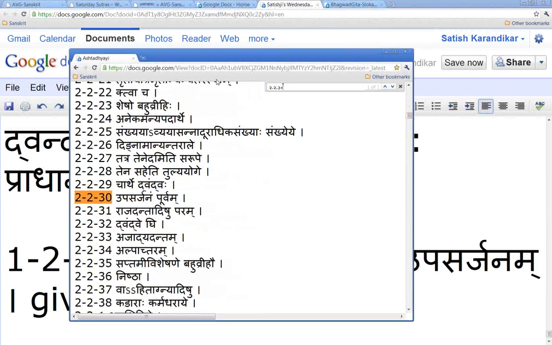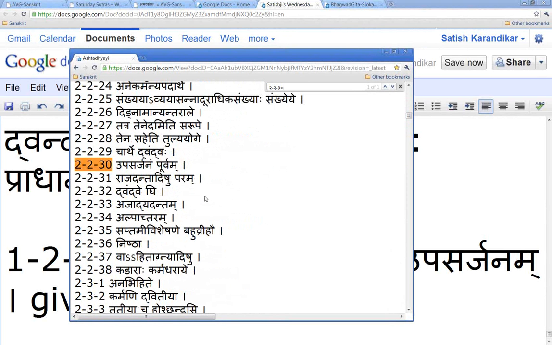Again, they will all have their exceptions, just like we have Aluk Samasas, and that's why Panini has these rules. In fact, the last 7, 8, 9 rules over here, Panini is only talking about Purvanipata, the Purva Para Nishchayah.